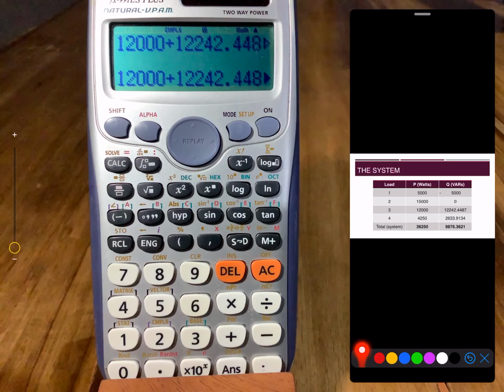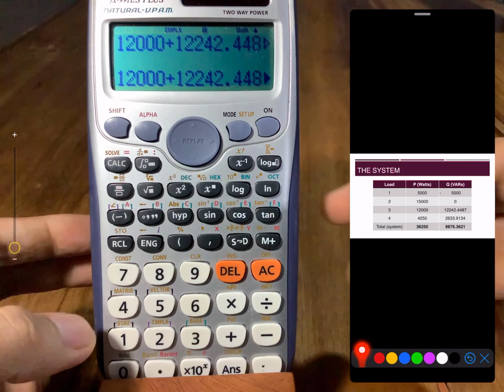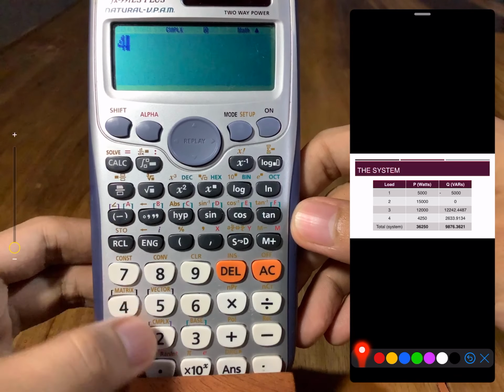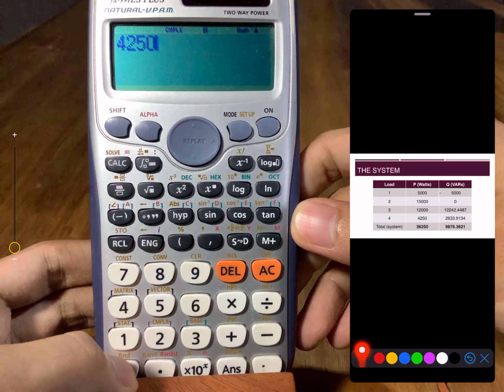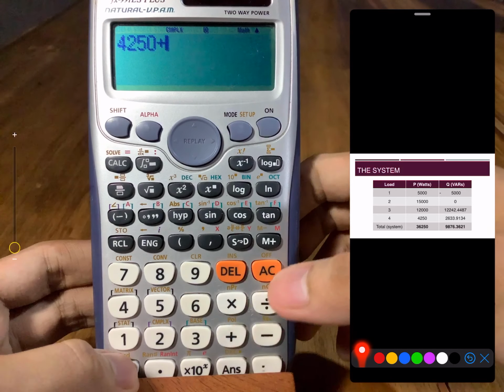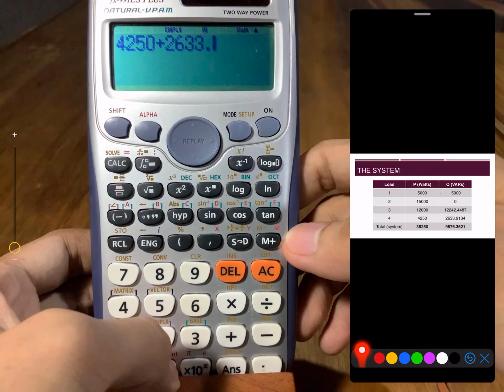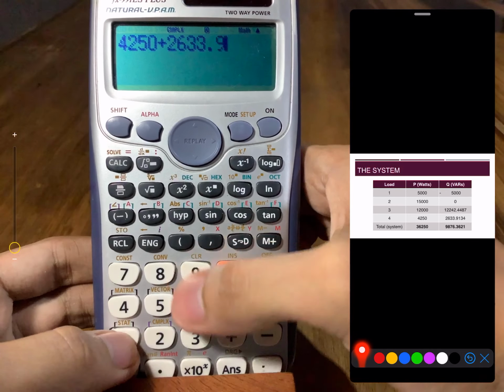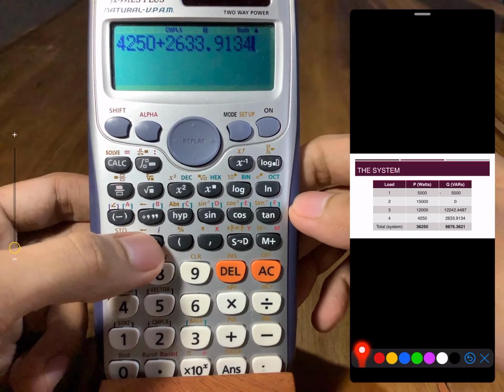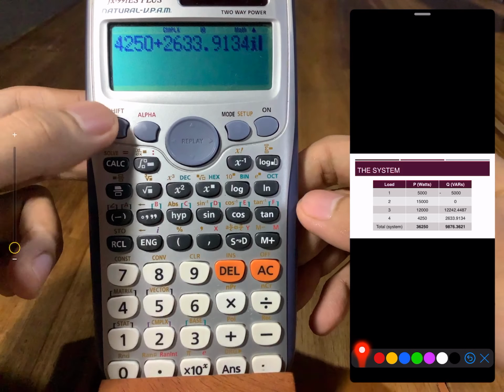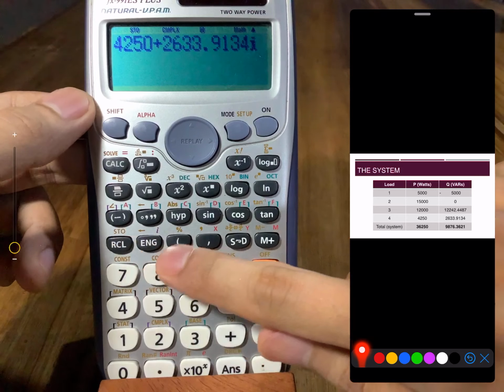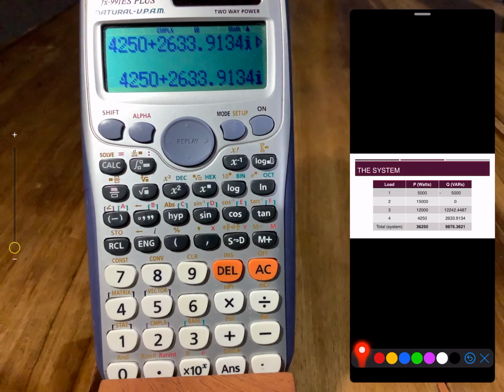And for the last component, the real part is 4250 plus 2633.1934 imaginary component or complex part, and store that to D. So we have 4 loads.